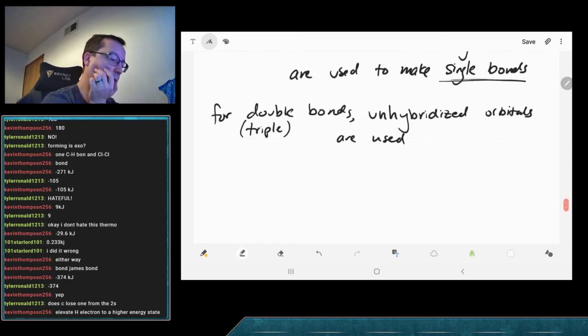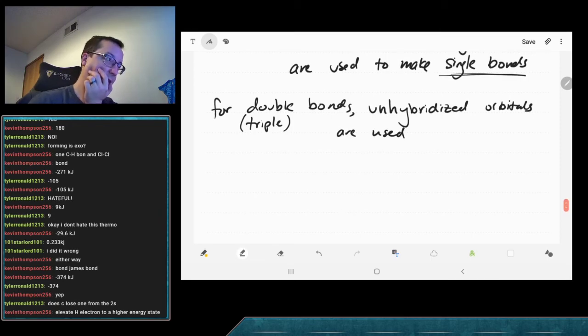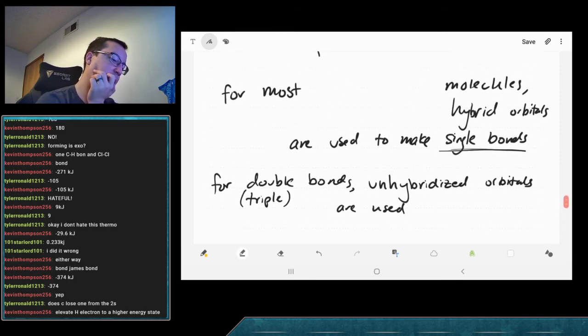And so, technically, do I want to start talking about other hybridizations right now? Kind of, I do. But I don't know if I'll have enough time. No, let's just leave it here today. So tomorrow we'll continue on with this unhybridized material by talking about what double bonds look like.